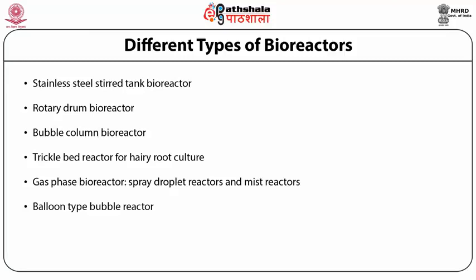So these are all automated units wherein all the controls are available. Each of the bioreactors has some advantage over the other. It has its own specific advantage, and these are being used in different case studies for production of secondary metabolites.